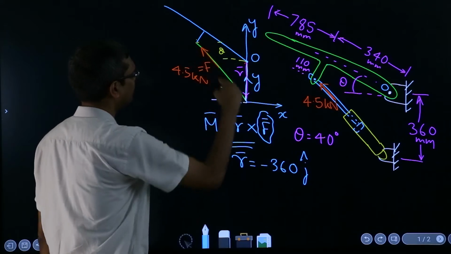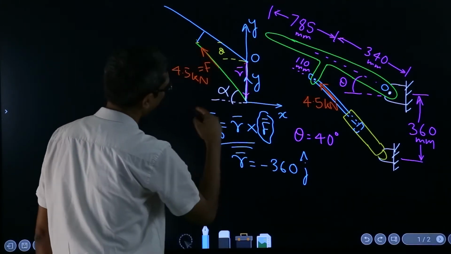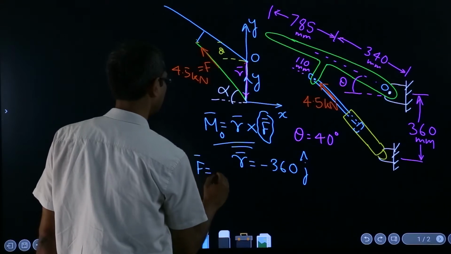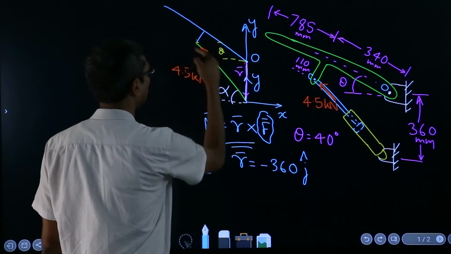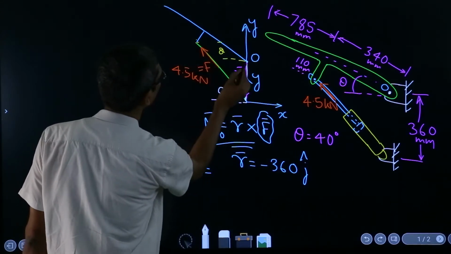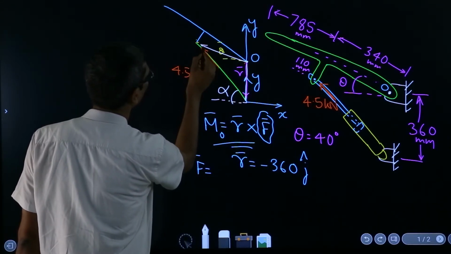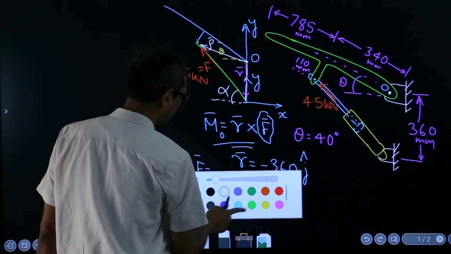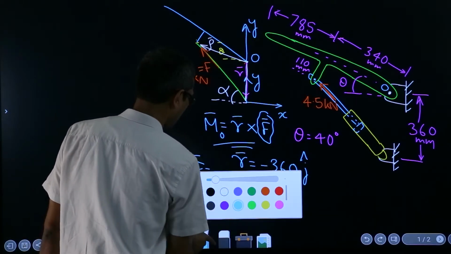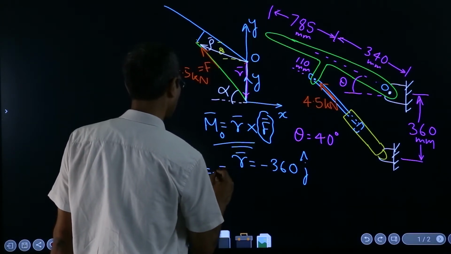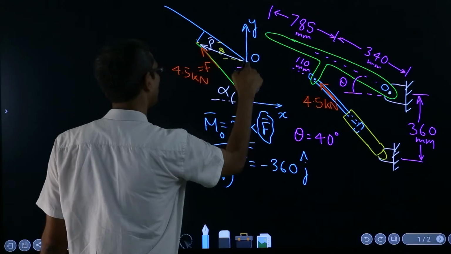But what about f? Now f can be thought of as, in a way, f is equal to minus r plus, if I call this vector say rho, then this vector f will be minus r plus rho, right?